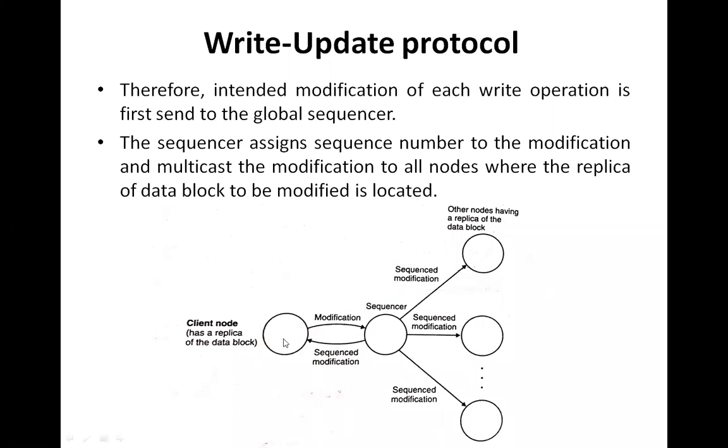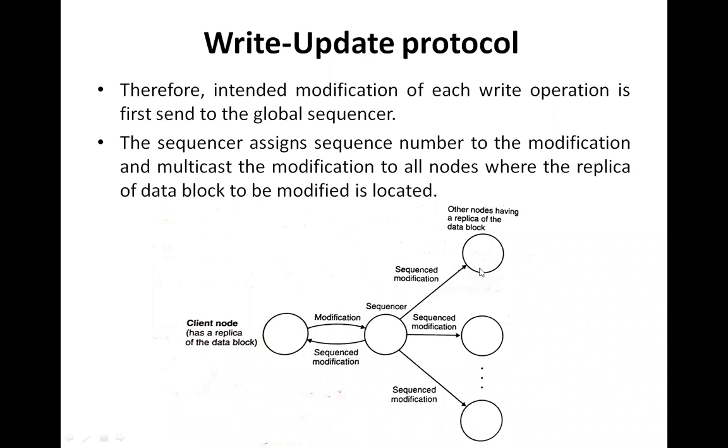Suppose this particular client node has made 3 modifications, and all the 3 modifications have been given in the form of information to the sequencer. So the first modification will be given sequence number 1, then sequence number 2, and then sequence number 3. And then it is going to broadcast the modification along with the sequence number.